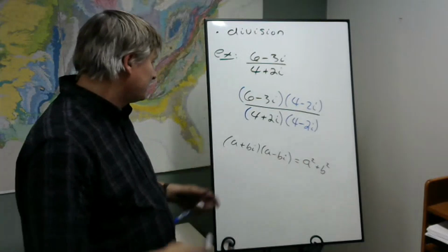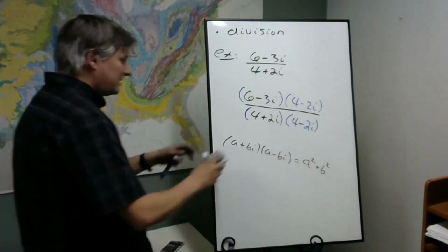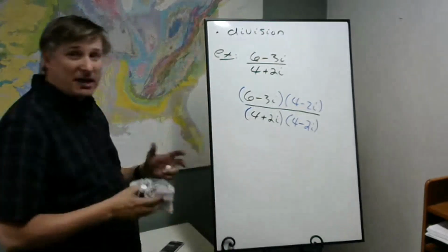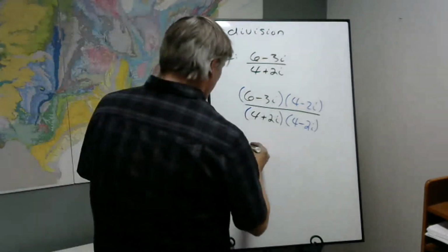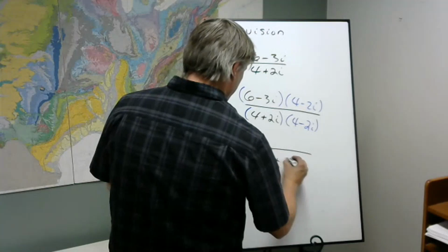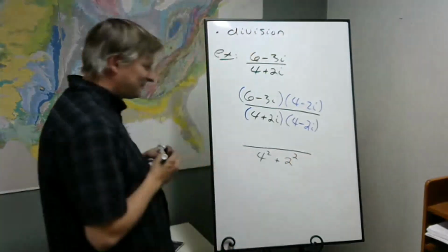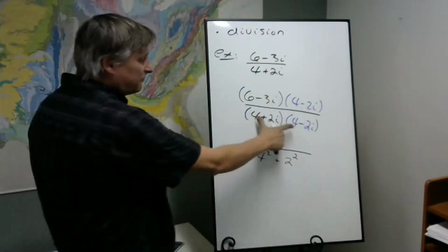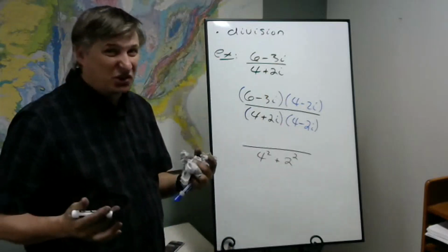So what we're going to get on the bottom. Now you can FOIL this out if you want. You don't have to use that trick, but what this means is we get on the bottom 4 squared plus 2 squared. Now we do need to FOIL the top though. Now again, you could FOIL this on your own if you just want to make sure.